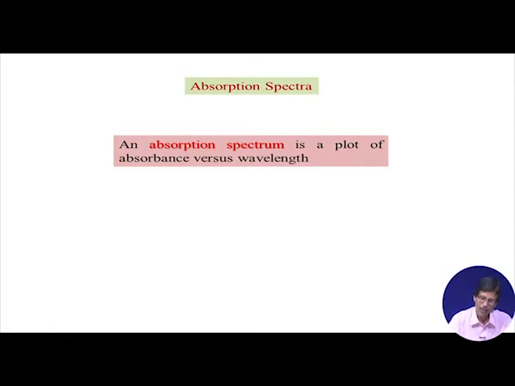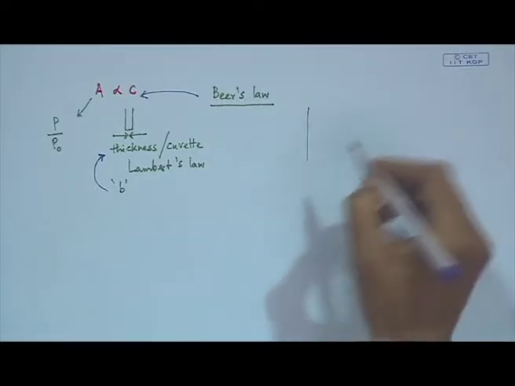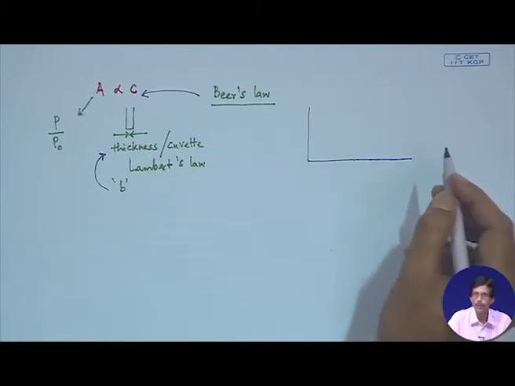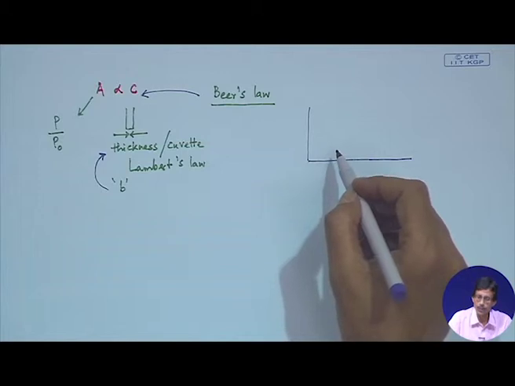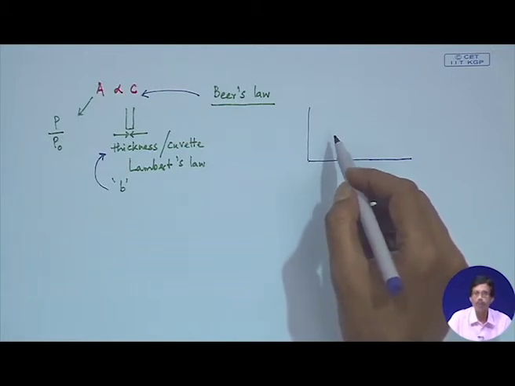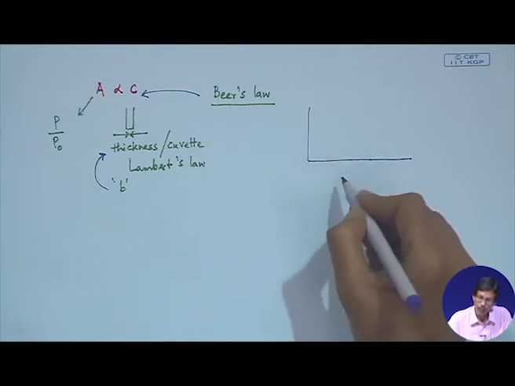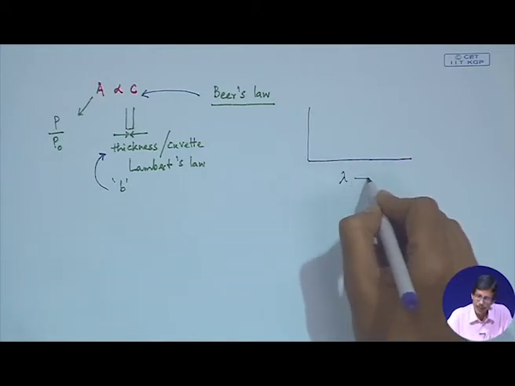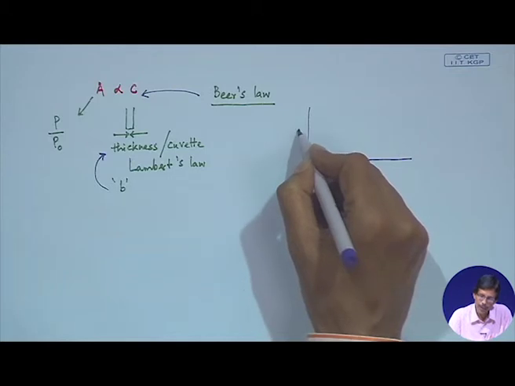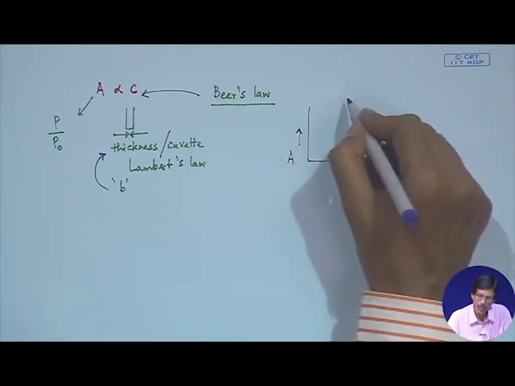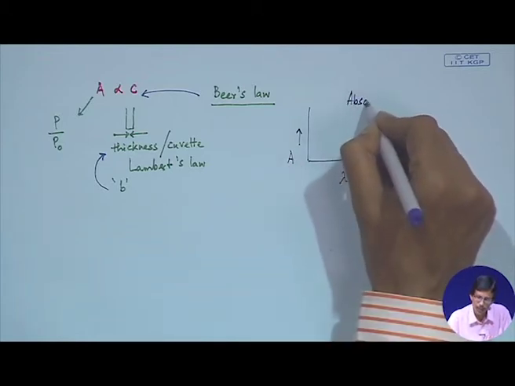As we have seen in our previous page, you have a plot from the output device, a chart paper or the computer monitor, where on one axis we have lambda and on another axis we have the absorbance value. So, this will be nothing but your absorption spectra.